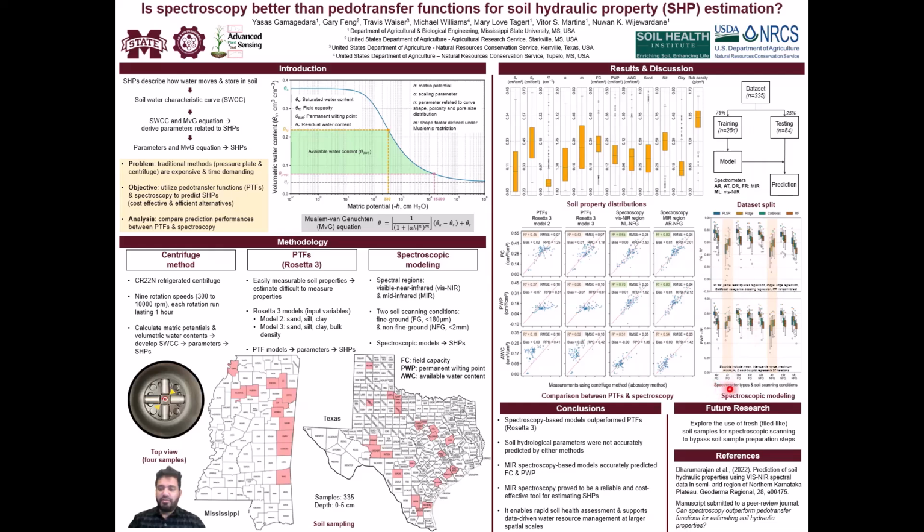The x-axis shows different spectrometer types and soil scanning conditions as I described here. In this figure, we can see a similar pattern in predicting field capacity and permanent wilting point, where partial least squares regression shows the highest accuracy followed by ridge regression.